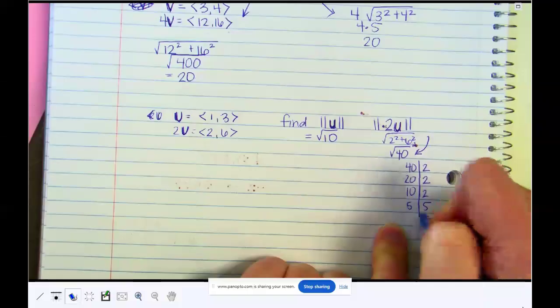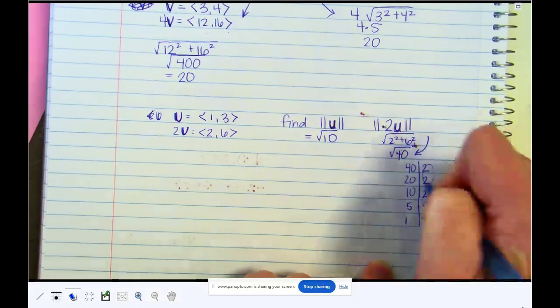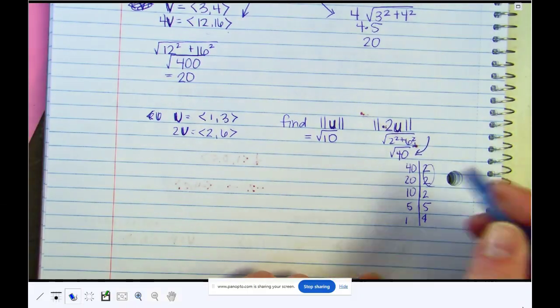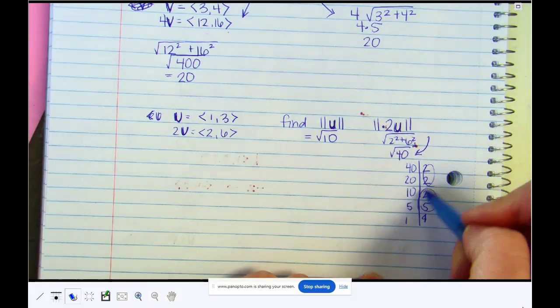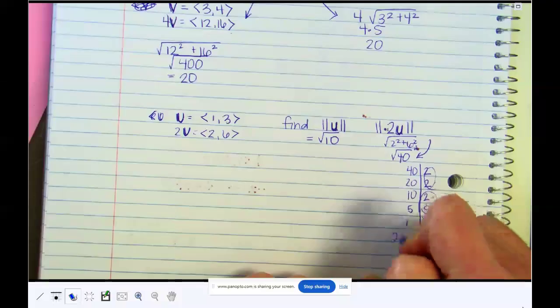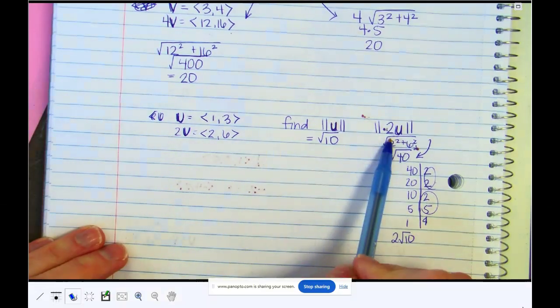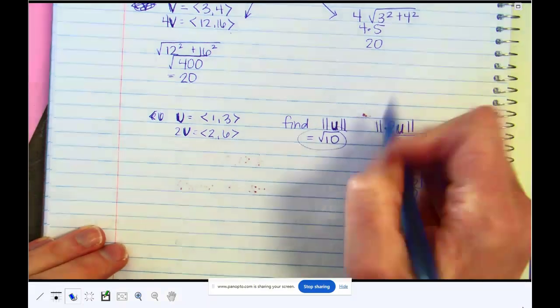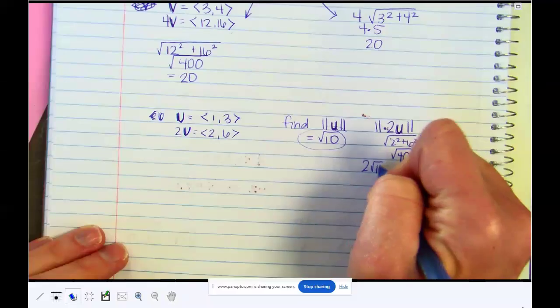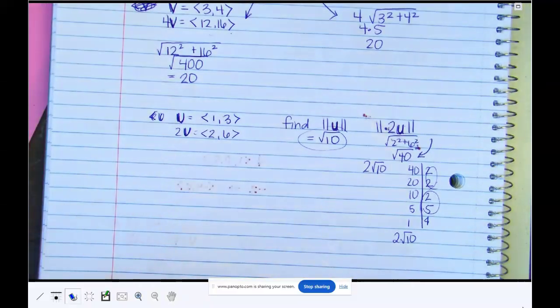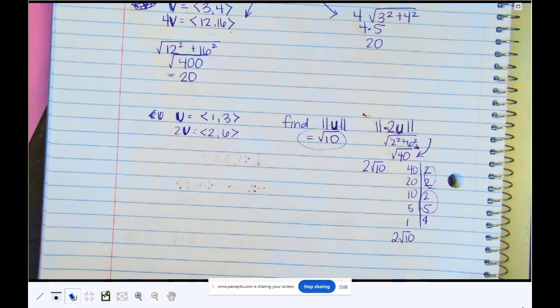So you have 2 2s, and then the 2 and the 5 stay on the inside. You get 2 times the square root of 10. If you do it the shortcut way, you find the magnitude of u and put the 2 in front of it, so it's 2 times the square root of 10. It keeps you from having to simplify those roots.